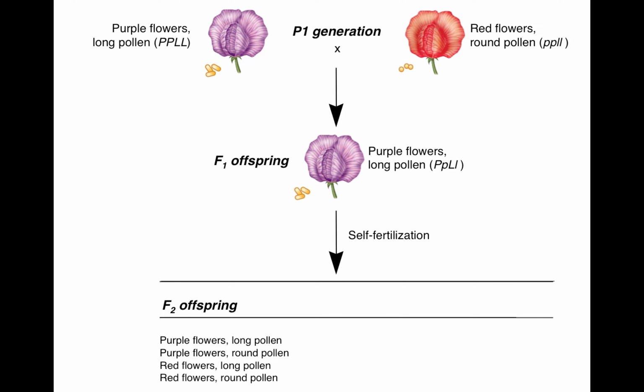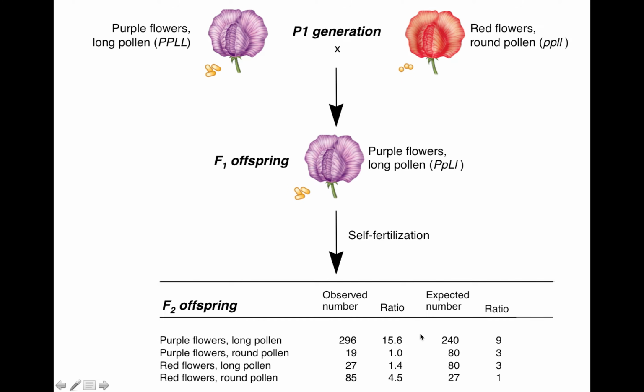If we allow the F1 offspring to self-fertilize and those two genes are assorting independently, we would expect a 9:3:3:1 ratio. However, that's not what we get. Instead, we get something very different. We have a couple of phenotypes that are quite prevalent and 2 other phenotypic combinations that are not as prevalent as the others.